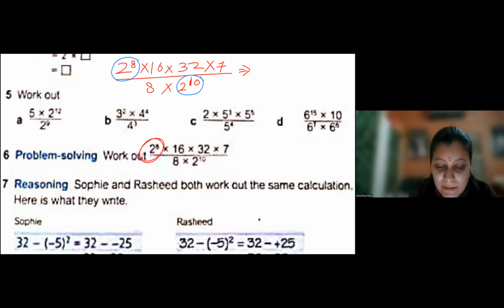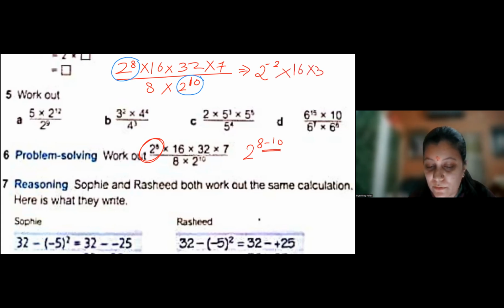So 2 to the power 8 into 2 to the power 10 will become 2 to the power 8 minus 10, so 2 to the power minus 2. Not 2, but minus 2. Do make sure to check the signs also. 8 minus 10 will be minus 2, multiplied by 16, multiplied by 32, multiplied by 7, in the denominator 8.